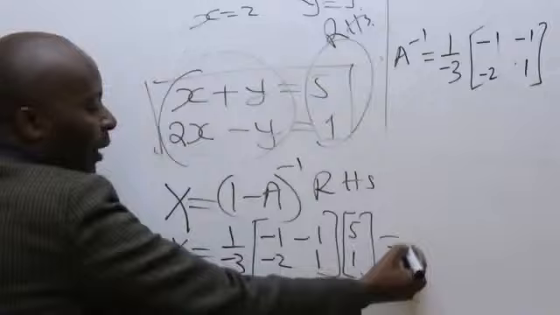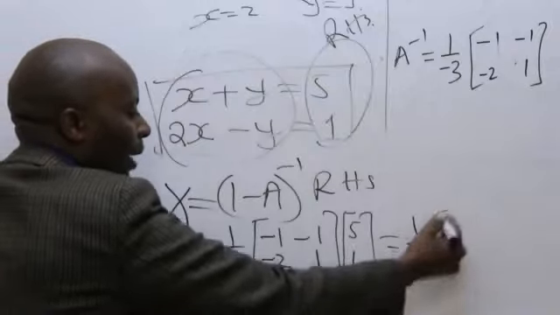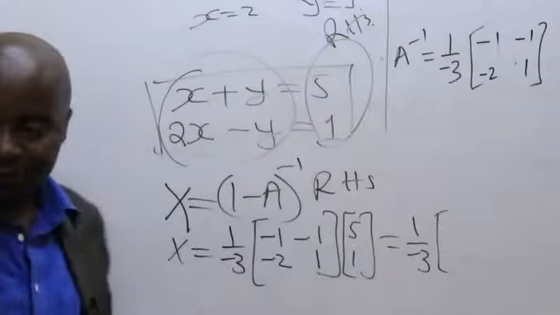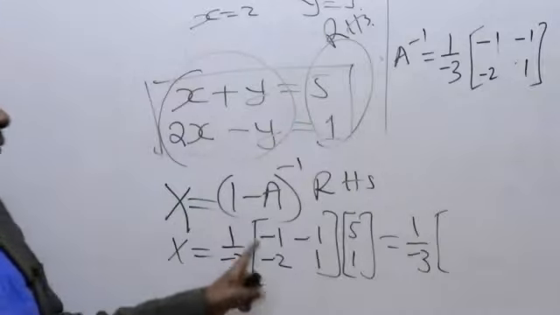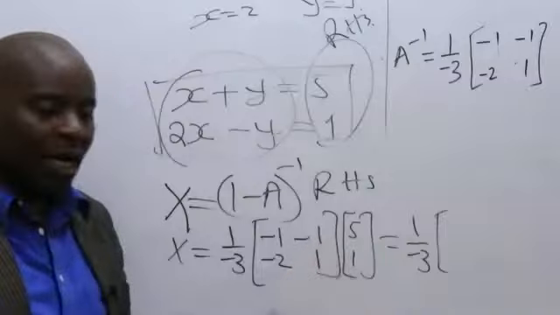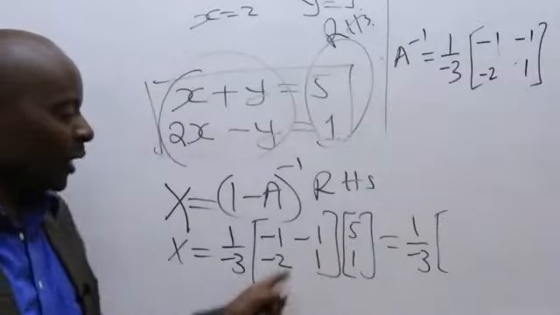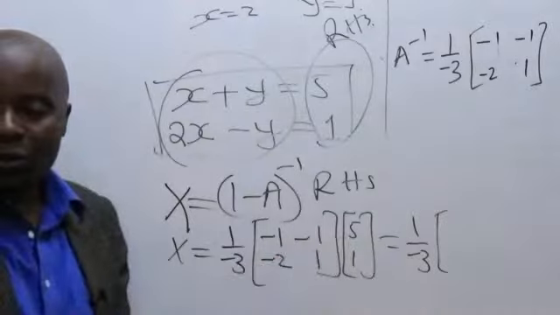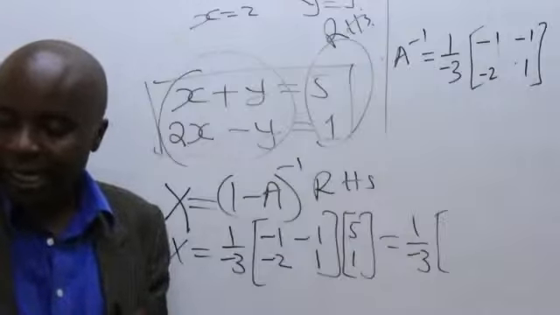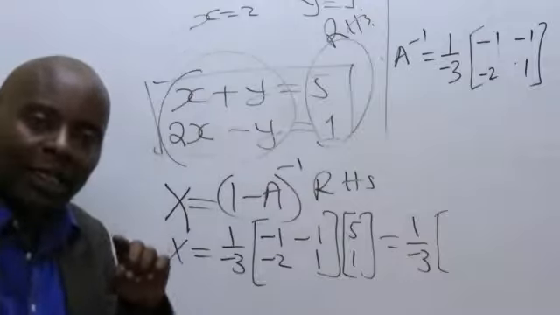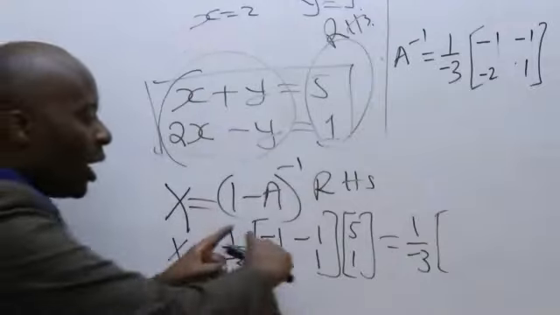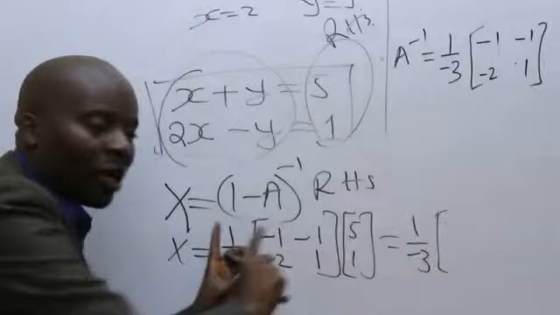Ladies and gentlemen, what I will do is to leave the scalar out first, so that I give preference to multiplication of what here? The 2 matrices. We multiply these 2 matrices. When it comes to multiplication of a matrix, that is an easy thing. I will use what we call a row multiplying a column.